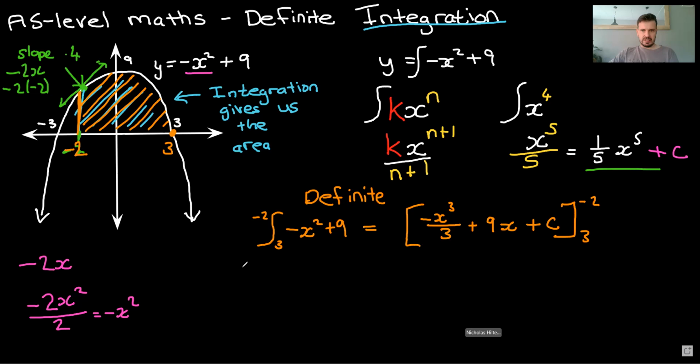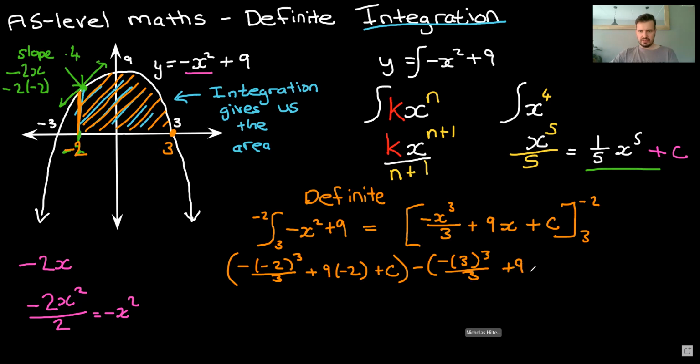So it'll be negative, then -2 in brackets cubed over 3 plus 9 times -2 plus c. Then a round bracket, minus, and then I put in the 3. So it's -3 cubed over 3 plus 9 times 3 plus c.